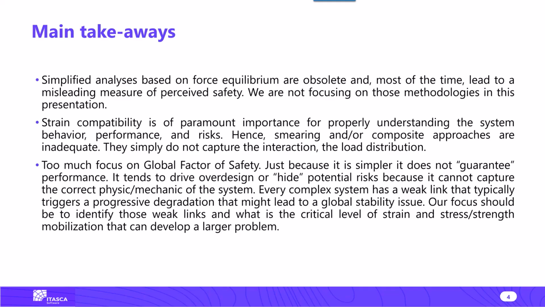But in reality, in this type of complex system, there is typically a weak link, or a configuration in which several weak links are connecting together, starting with a smaller mechanism that then tends to propagate, depending on the strains that are mobilized, into a more elaborate and global mechanism. So the focus on the global mechanism could sometimes be misleading because we are missing some of the details.